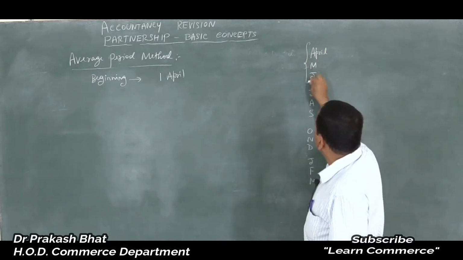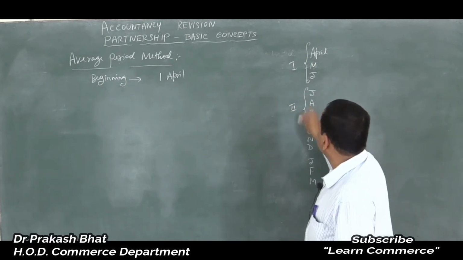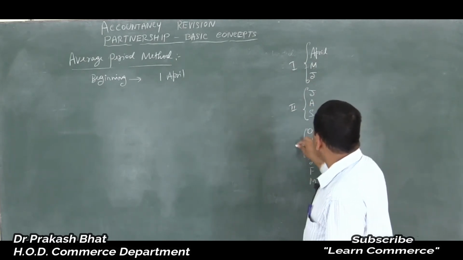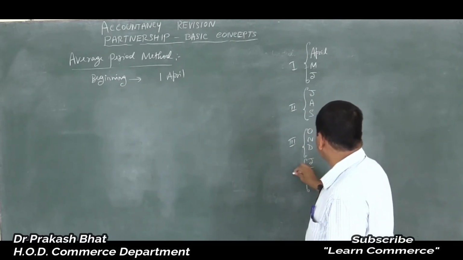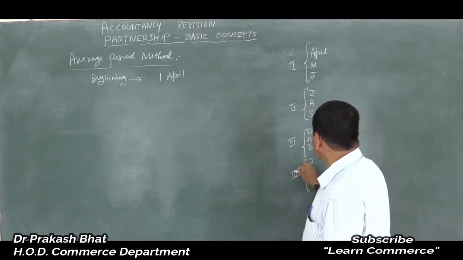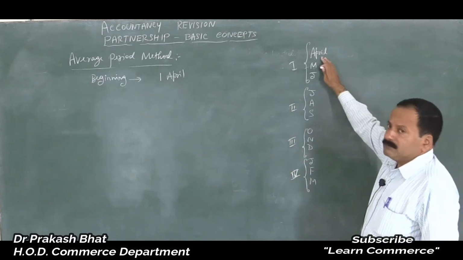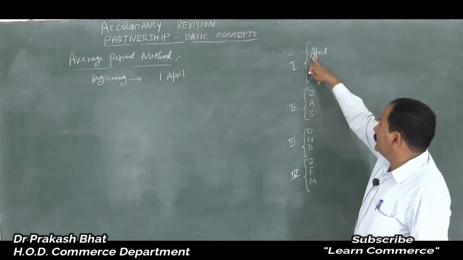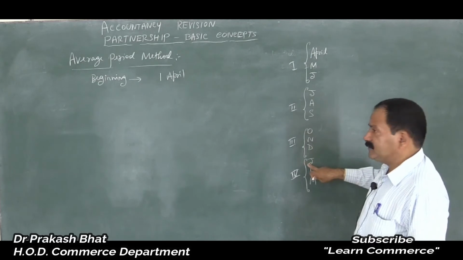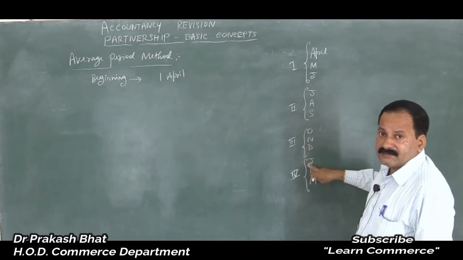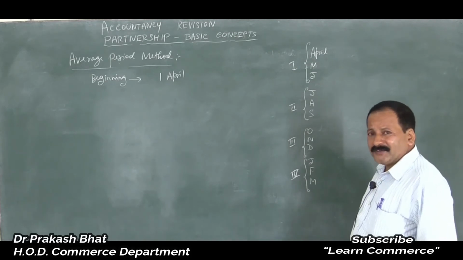This is first quarter, this is second quarter, this is third quarter, and this is fourth quarter. Is it clear? So at the beginning of each quarter means 1st April, 1st July, then 1st October, 1st January. Very simple. So you do some rough work like this in your board exam on the last page.